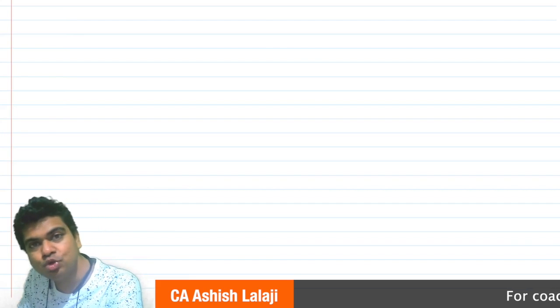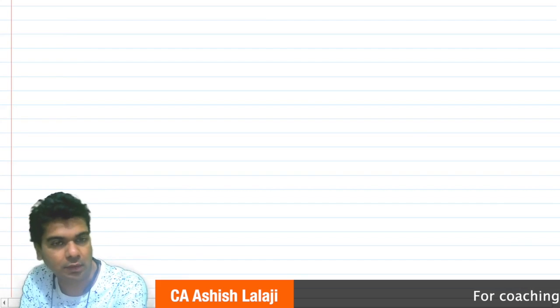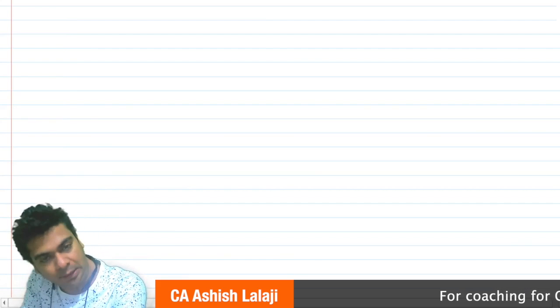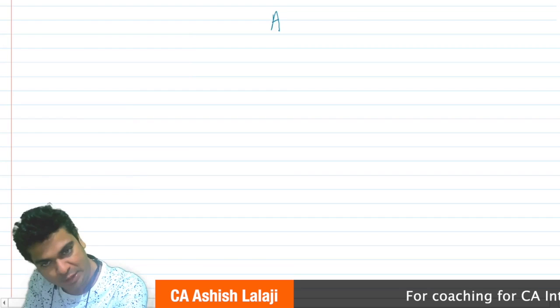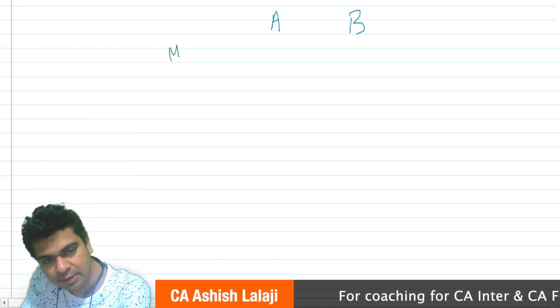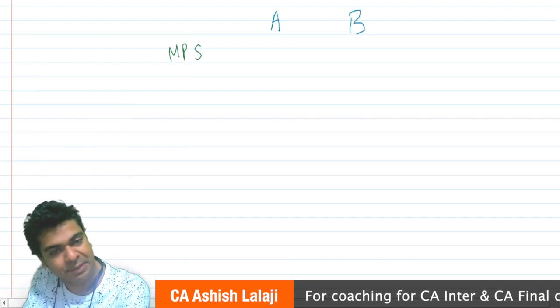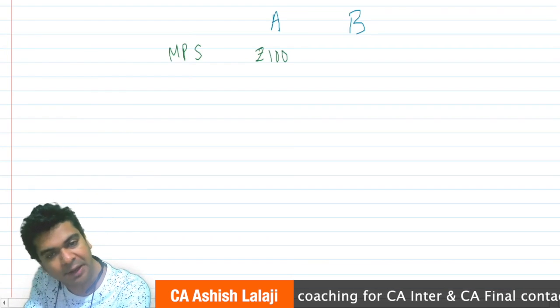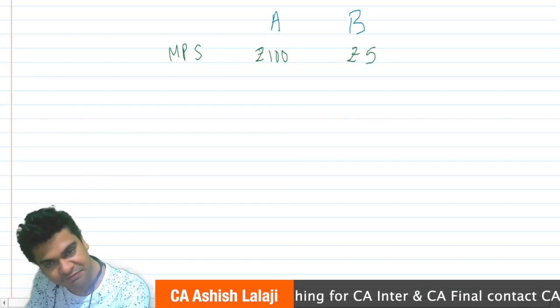Let us say there are two companies, A and B. Some details are available for the two companies. Let's say the market price per share for company A is 100 and the market price for company B is 50 rupees.